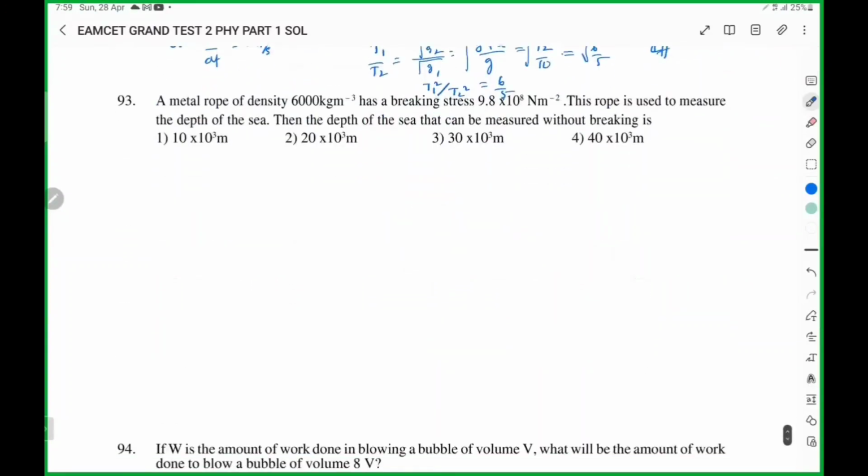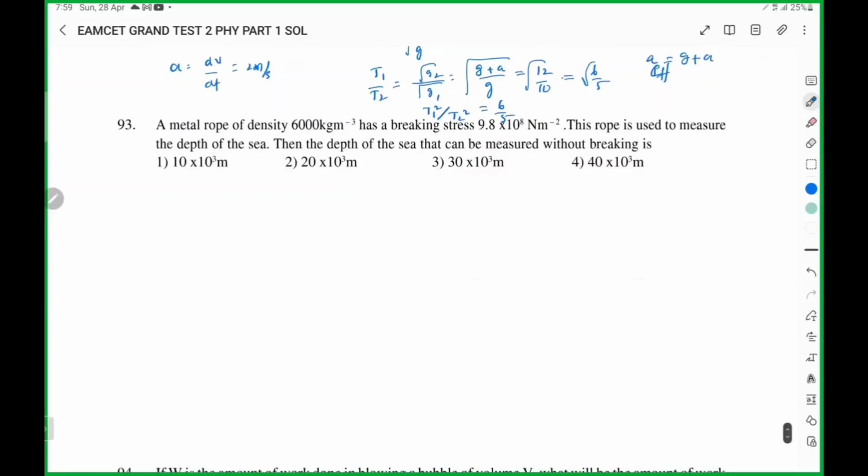So here a metal rope of density 600 kg per meter cube has a breaking stress of 9.8 into 10 power 8 Newton per meter square. This rope is used to measure the depth of the sea.